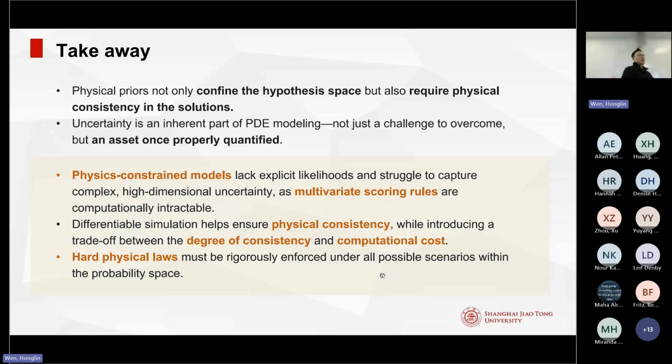People still use this idea to identify the missing or unknown physics, or like you mentioned, to work on inverse problems. Let's say you have some missing terms in your model, you can train a model and then simulate to guess the terms in your physical model. Yeah, that's feasible.